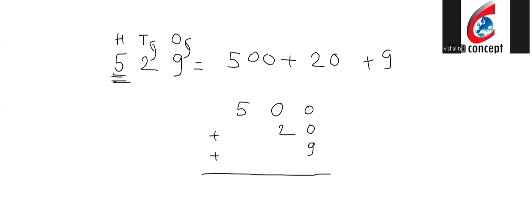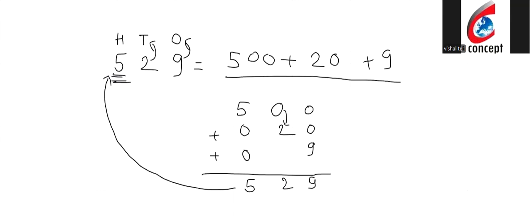Addition: 9. 0 plus 0 plus 2 is 2. And for 5, here we don't have anything, means it's a 0. 5 plus 0 plus 0 is 5. See, we got the same number here. Do you see? That means our expanded form is correct.